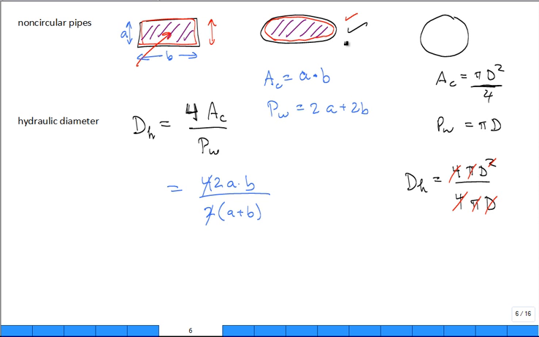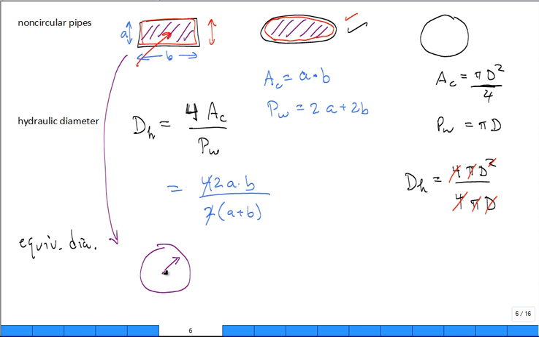All right. There's another diameter. It's called the equivalent diameter. It's not equal to the hydraulic diameter, and you really want to avoid it. But it makes sense. It's not going to be that tremendously bad, but you would do this. You would say that is a rectangular duct. What is the equivalent diameter for the same area?